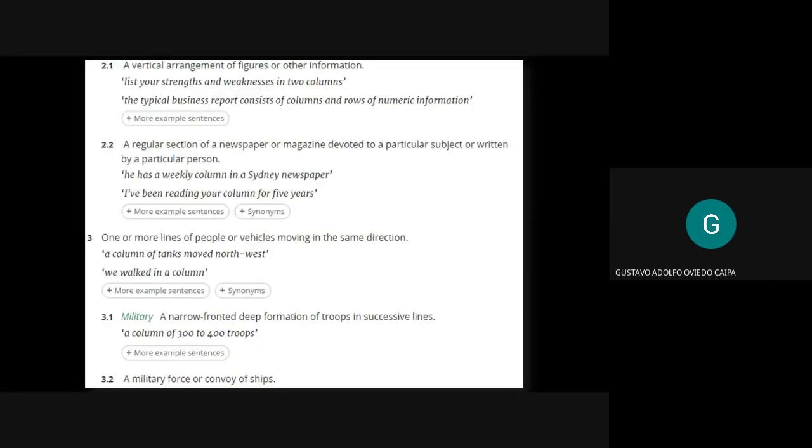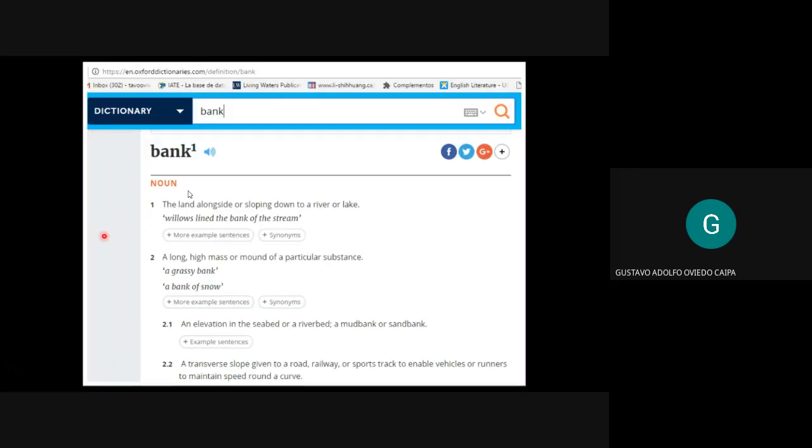But the other example that I want to show you is the word bank. And we already worked with this word bank in the workshop for sense. So as you can see, there is the first meaning of bank: the land alongside or sloping down to a river or lake. So that is one meaning of bank. The other meaning of bank, a long, high mass or mound of a particular substance, like an accumulation of something.